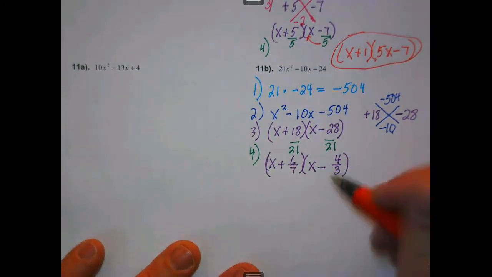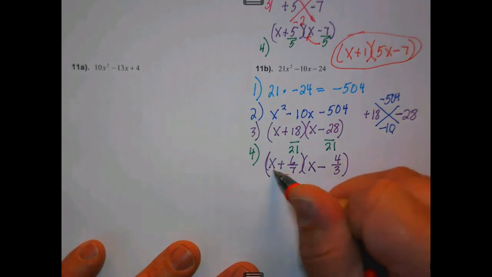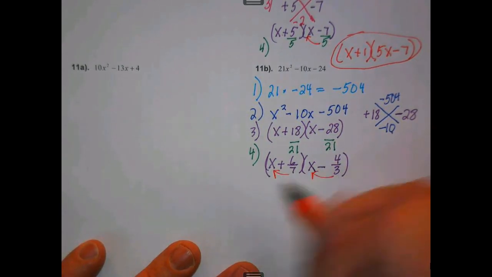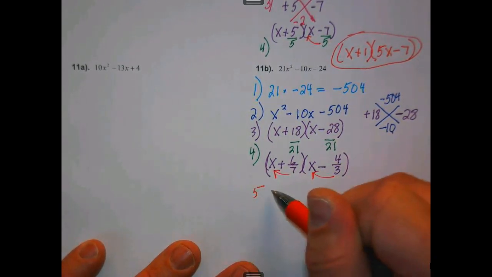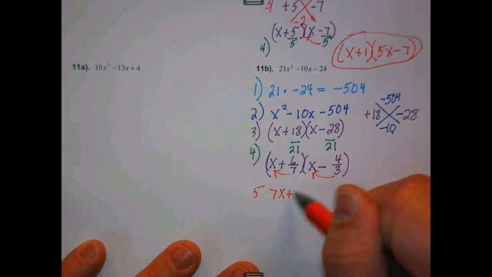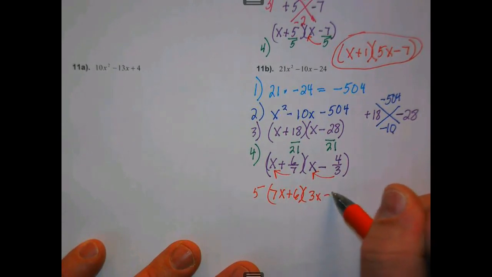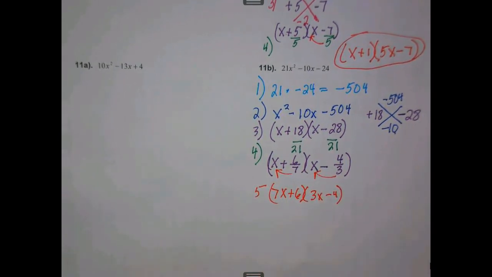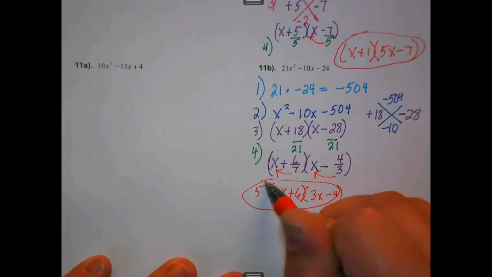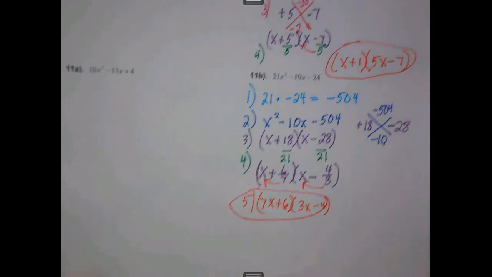Okay, slide. And I get 7x plus 6 times 3x minus 4. And lo and behold, it does work. All right. Yeah, I'm not going to give you one that hard.